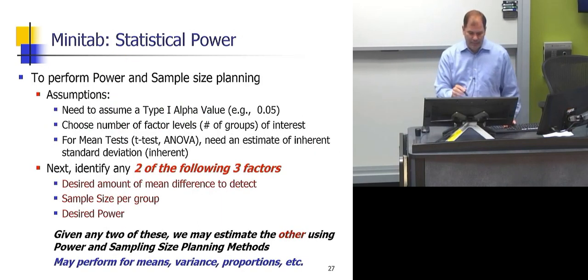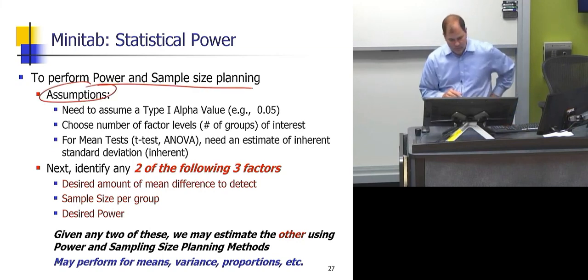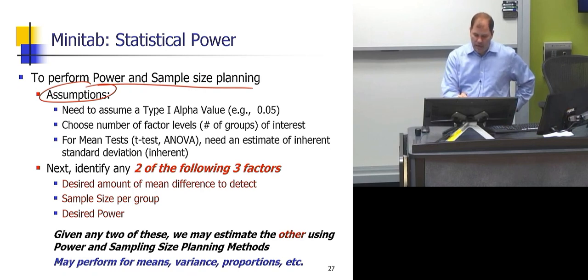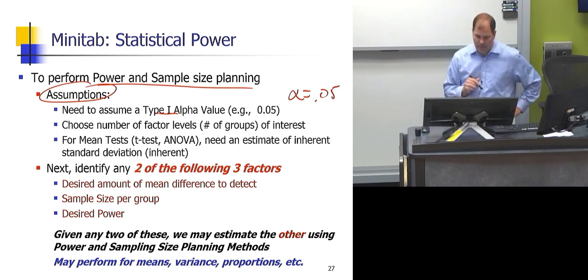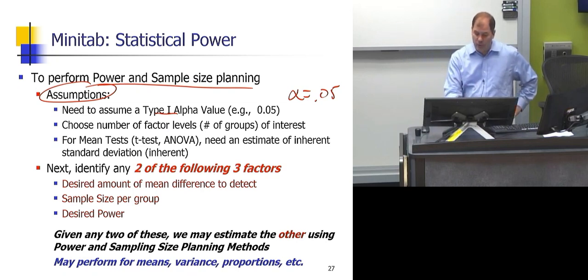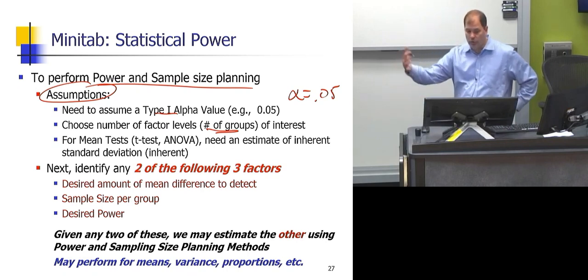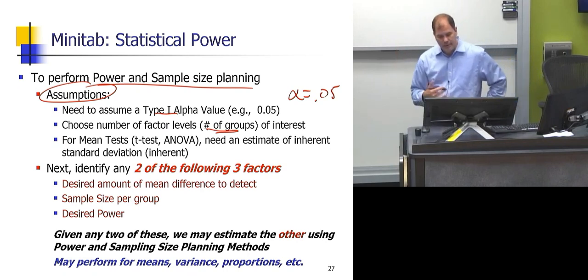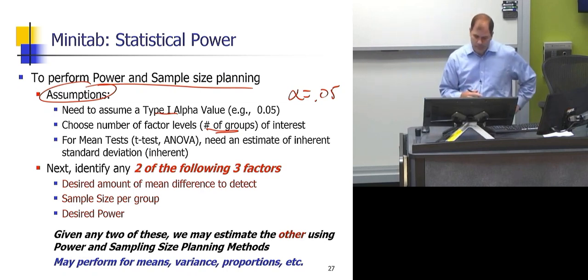To do power and sample size planning, we begin with some assumptions. We're going to make an assumption about our type 1 error. When in doubt, we set it equal to 0.05. If you want to change that to 0.1, that's fine, but that's usually our baseline. If you're going to do this with ANOVA, you've got to figure out how many groups are of interest. Differences between 2 groups, 3 groups, 4 groups. If you're doing a t-test, obviously you just have 2 groups.